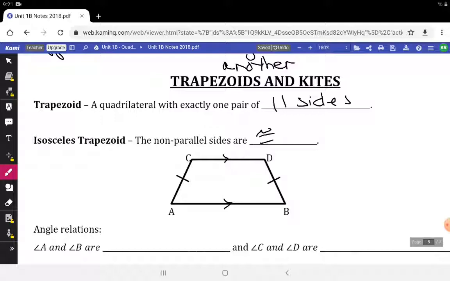Because the non-parallel sides are congruent, we know that angle A and angle B are called base angles, and angle C and angle D are base angles.